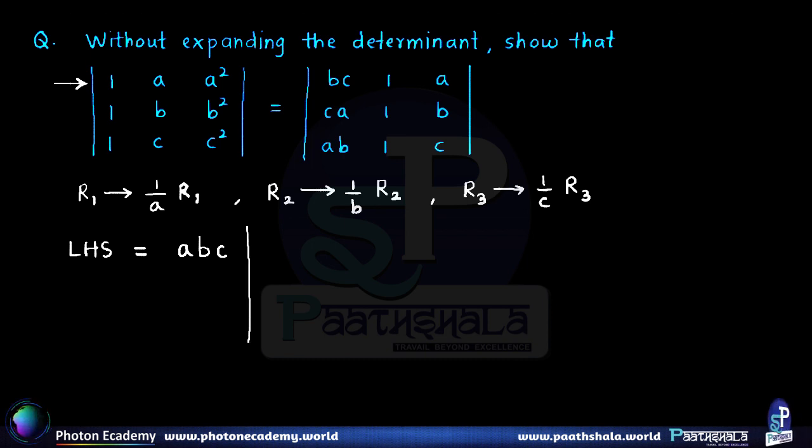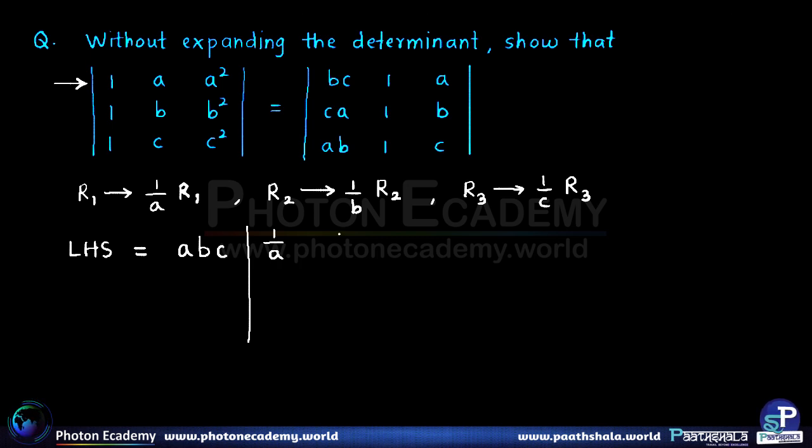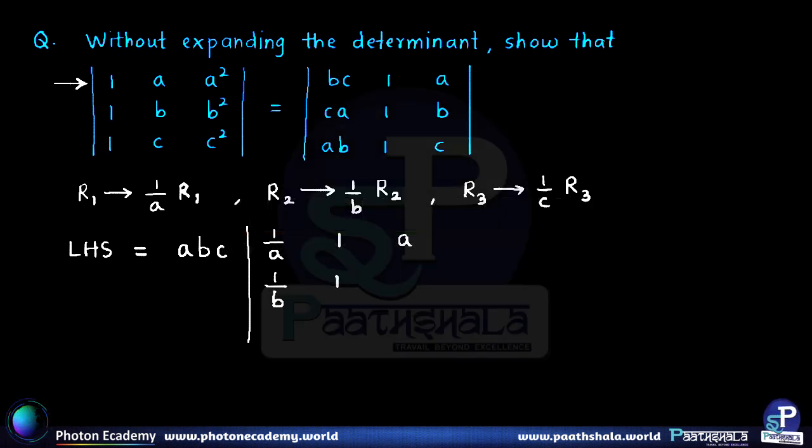In the first row, since we are taking A common, what remains is 1 upon A, then A gets reduced to 1 and A square gets reduced to just A. Similarly in the second row we will have 1 upon B, 1 and B. And lastly in the third row we have 1 upon C, 1 and C.